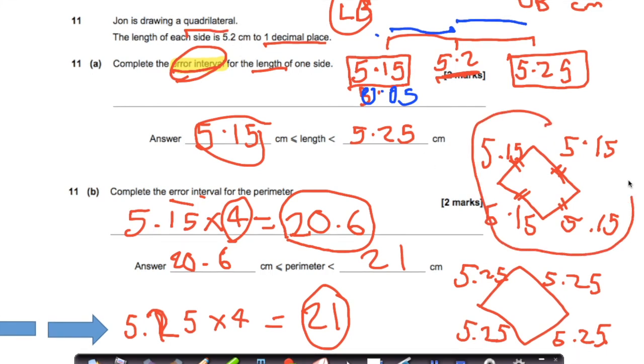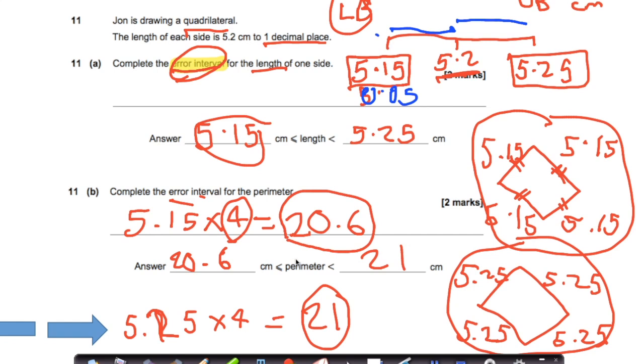As we're doing perimeter, they could have all been the same length as this quadrilateral, so we times that by 4, because it's a quadrilateral, and we go for the extreme values, the lowest bound and the highest bound. So somewhere between these two values is where the perimeter of our quadrilateral must lie.